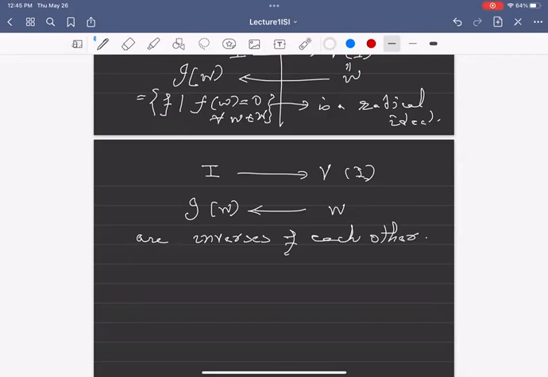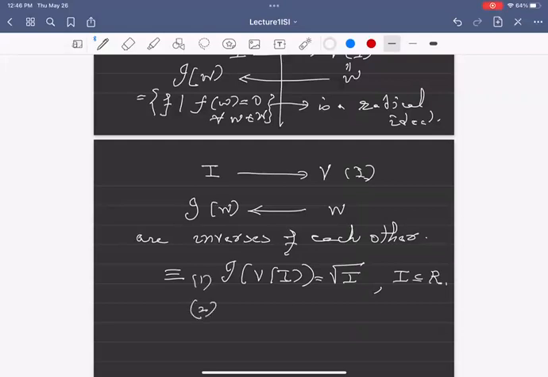This is equivalent to establishing these two facts. The ideal of the variety of an ideal is its own radical, where I is any ideal of the polynomial ring. This is one.